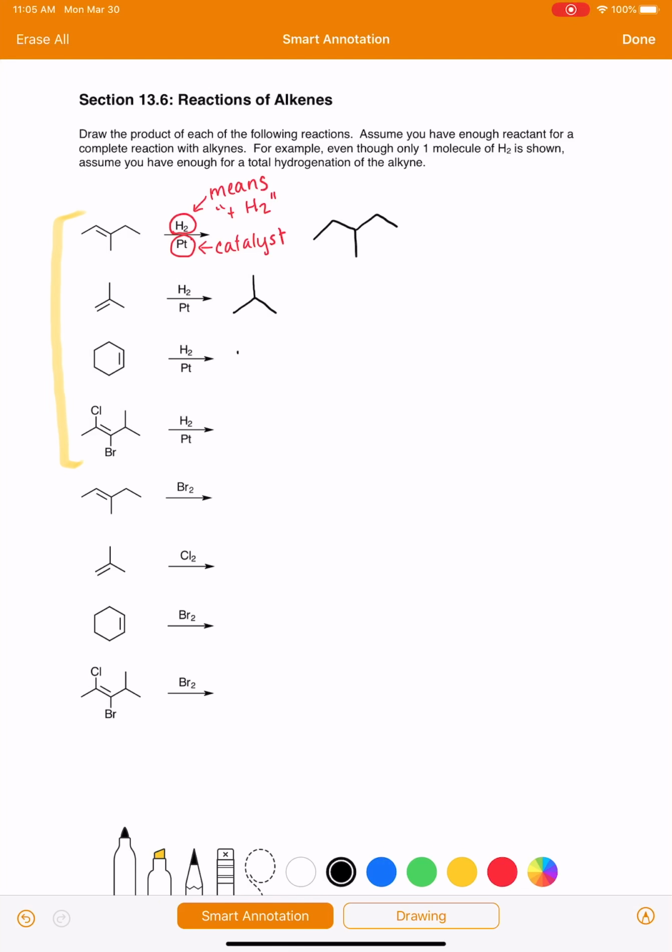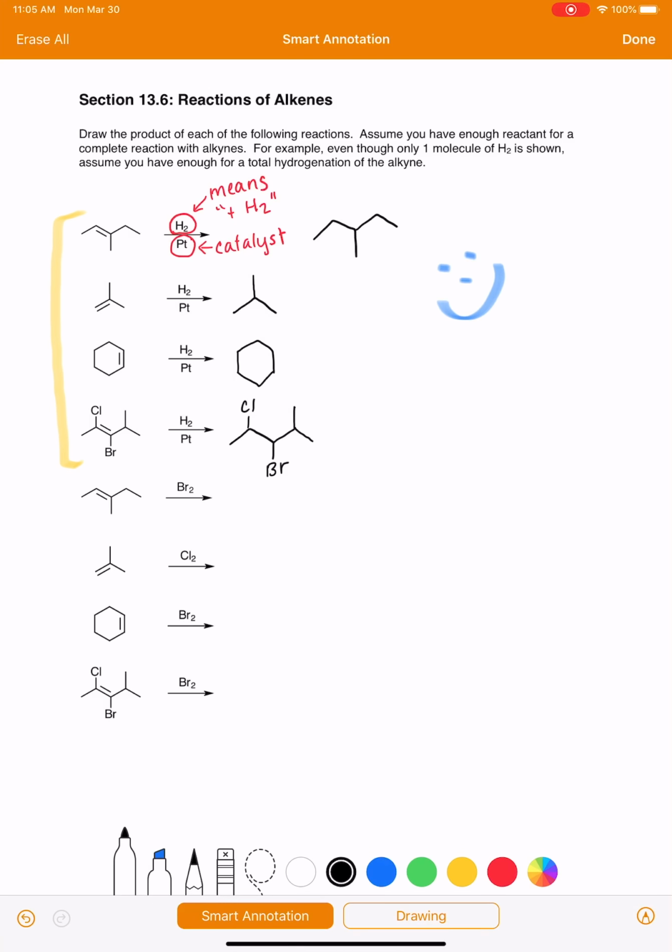Draw the molecule, leave everything where it is, but change the double bond to a single bond. These reactions should be making you feel happy, because you can do this. Here's one more example. Draw the molecule, leave everything where it is. We're not going to change the location of anything at all. The only thing that we change is the double bond turns into a single bond.